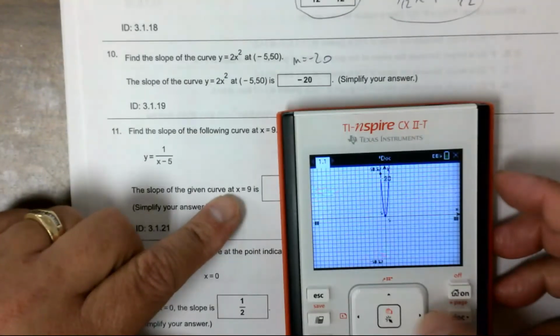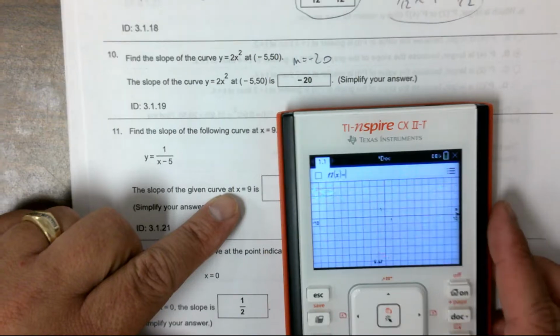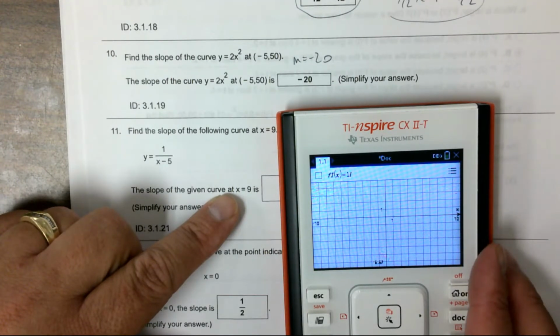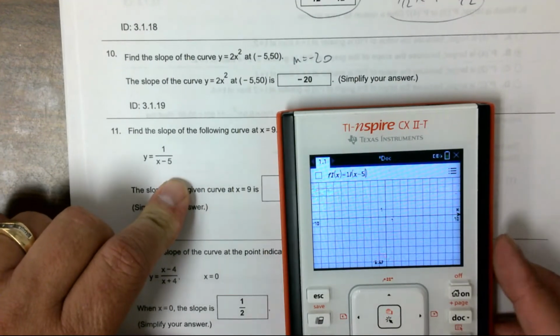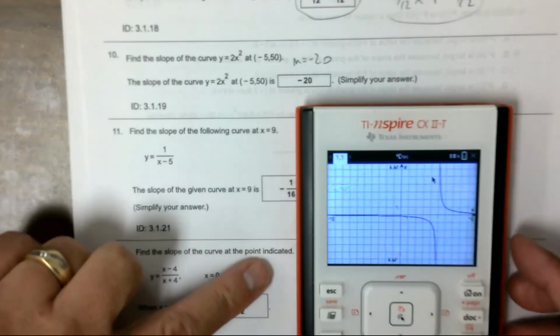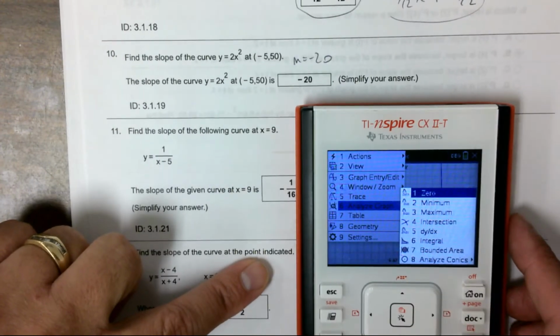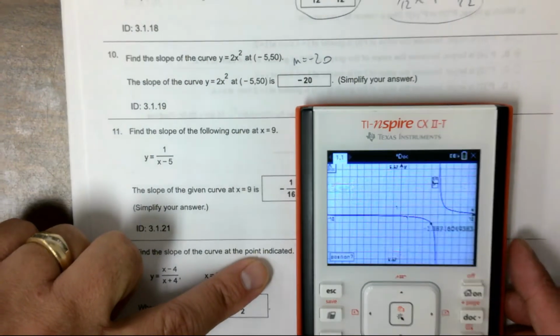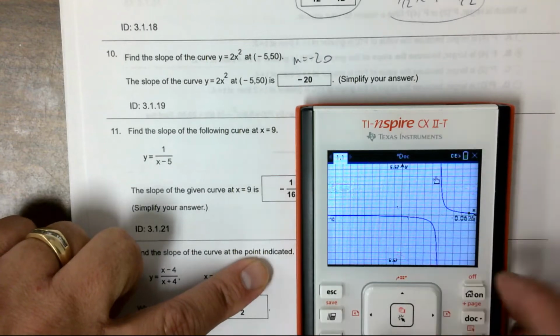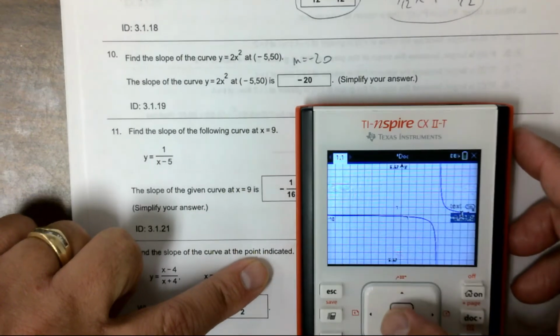Then on this one, 1 over parentheses x minus 5. And they have position 9. So that has this decimal. I'm going to copy this over.